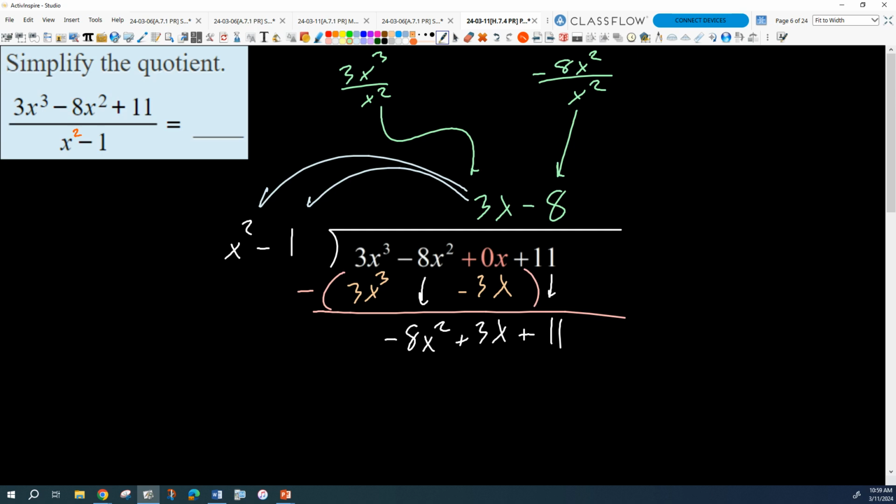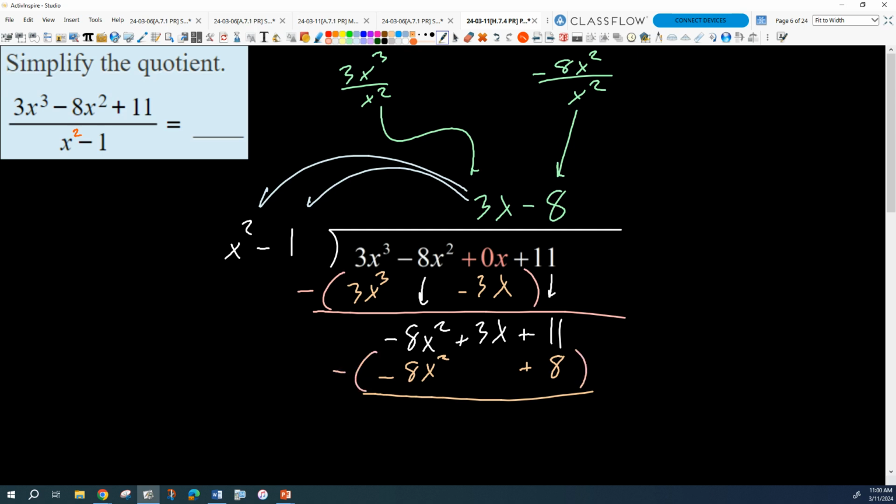If you have any questions, stop me and ask them. Okay, now what? Good. Distribute. Negative 8 times x squared is negative 8x squared. Negative 8 times negative 1, positive 8, right? And what do I do?